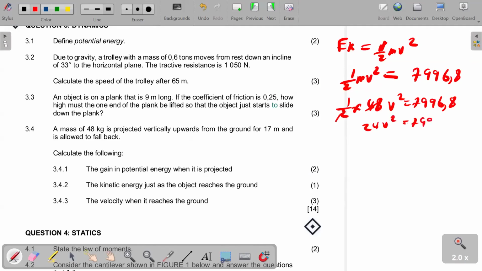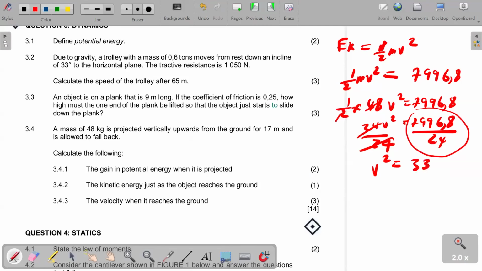V squared is 7,996.8 divided by 24, which gives us V squared equal to 333.2. Square root both sides, and the velocity is 18.254 meters per second. That marks our velocity.